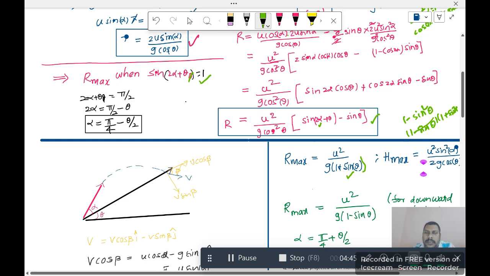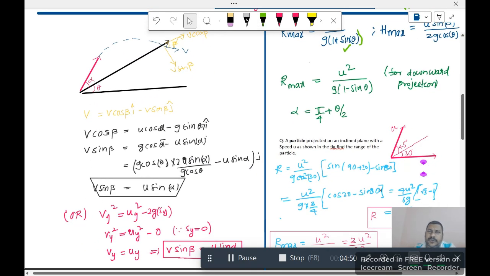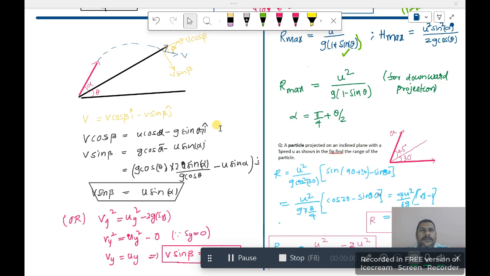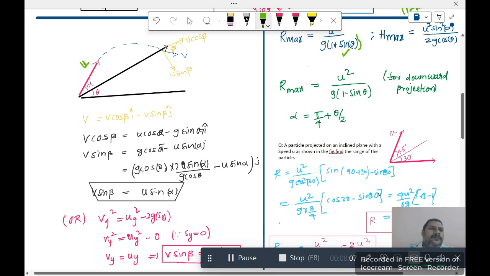So now coming to velocity, to find the velocity for up-inclined projection, check once the given diagram. In the diagram, theta is the angle of inclination, alpha is the angle of projection with initial velocity u, and finally the velocity v is in the direction as shown in the figure, and beta is the angle of v with the inclination.